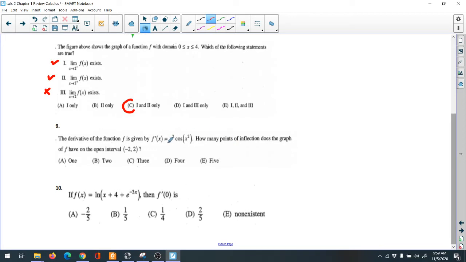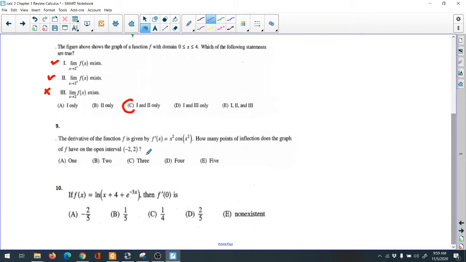I have another question here, about the derivative of the function f given by f prime of x equals x squared cosine x squared. I grabbed this question from the section that allows the calculator. How many points of inflection does the graph of function f have on the interval -2 to 2?